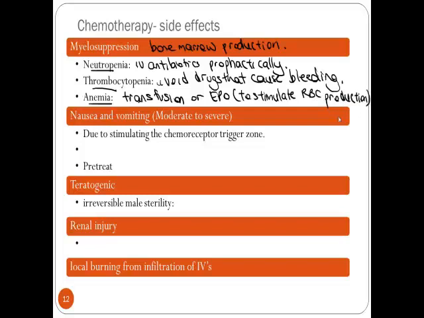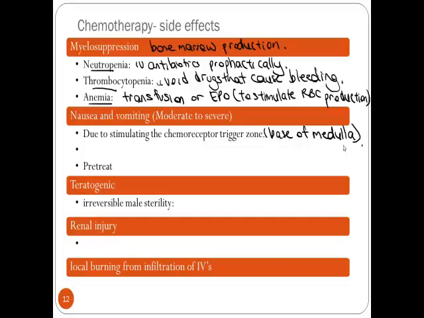Okay. Now, the other typical symptom that a patient can have is nausea and vomiting. And sometimes it can be moderate, sometimes it can be severe. And this symptom is due to the stimulation of the chemoreceptor trigger zone, which is basically in the base of the medulla. And what happens here is that the blood-brain barrier at that location is fairly leaky, and so it can detect stuff that may be toxic to the body.